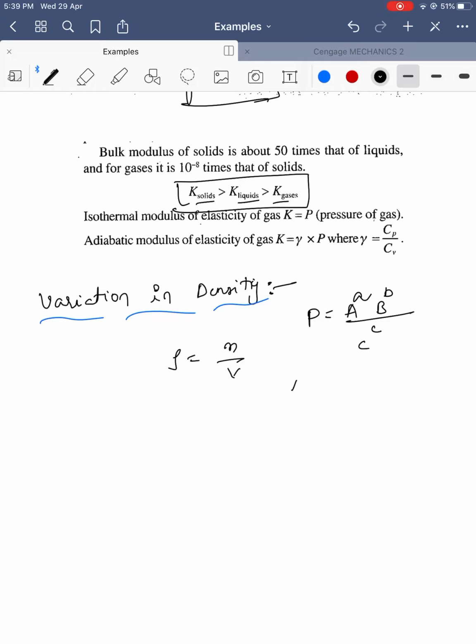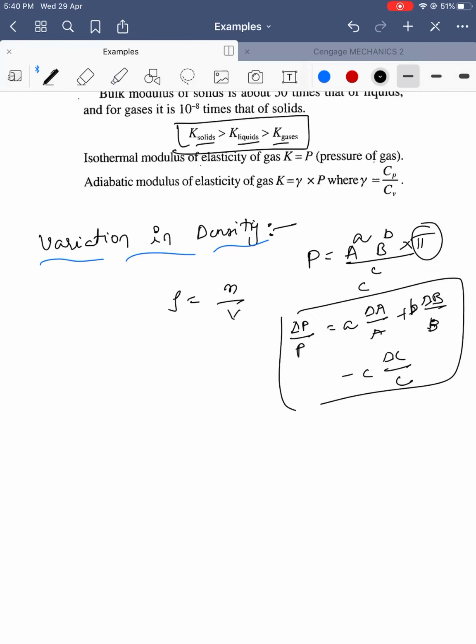Then the fractional variation, delta P by P, is equal to a into delta A by A (assume that there is a constant pi also, which is just a number) plus b into delta B by B, minus c into delta C by C, because C is in the denominator. So this is the variation in a property.